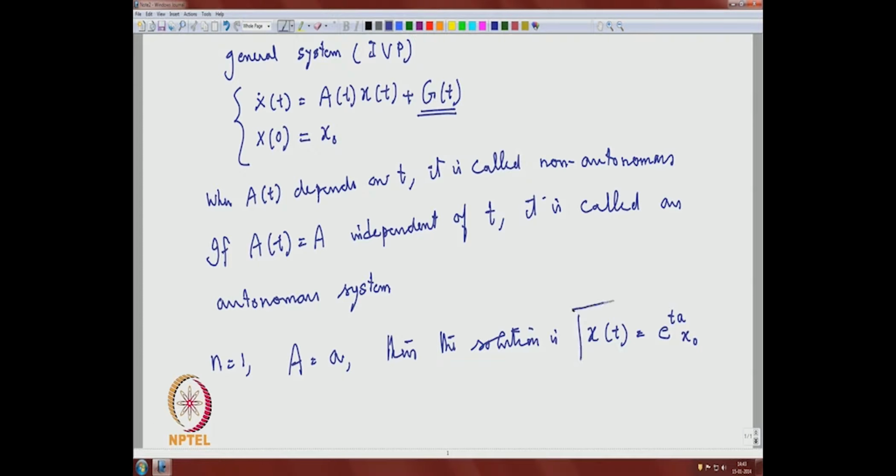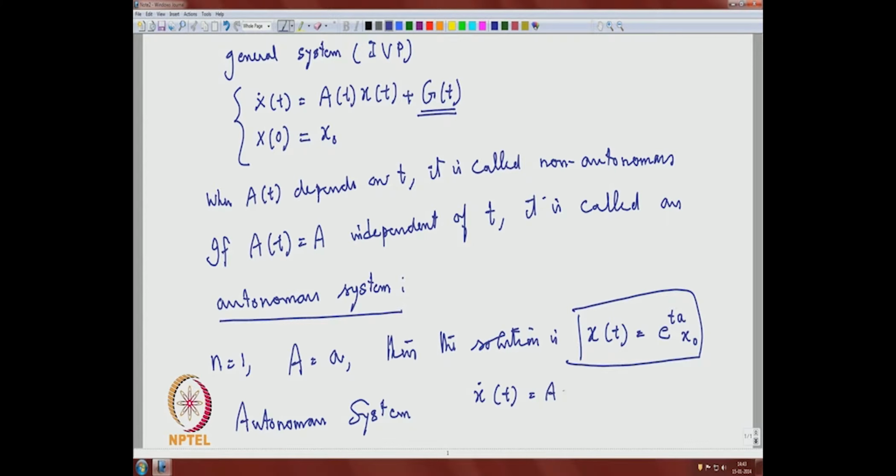Our aim is to represent the solution for the autonomous system, if possible, in this form. Our autonomous system is x dot of t is equal to A x(t), where A is independent of t, that is the more important thing, with the initial value x naught, which is also a vector.